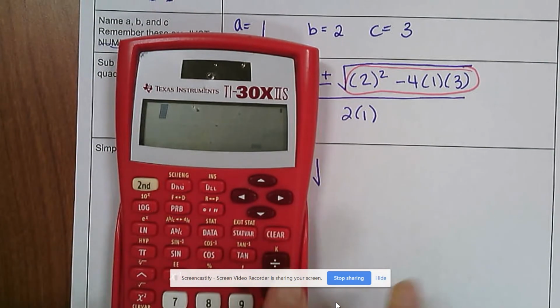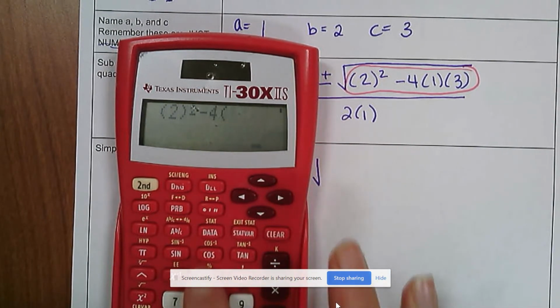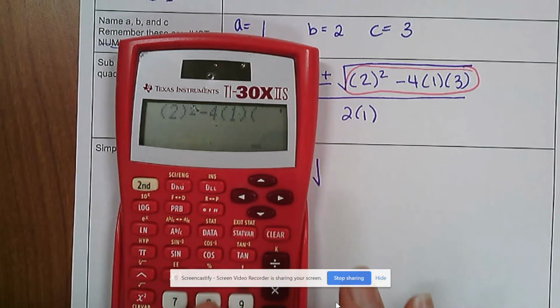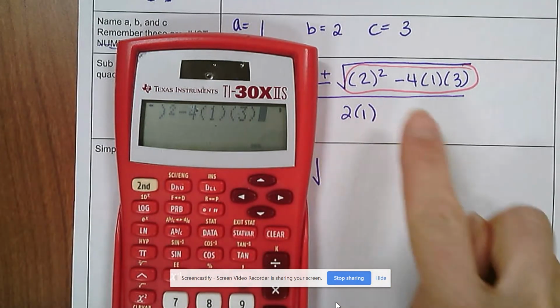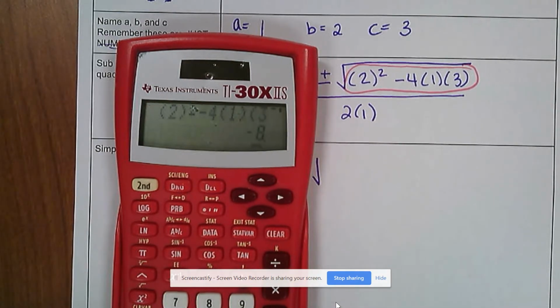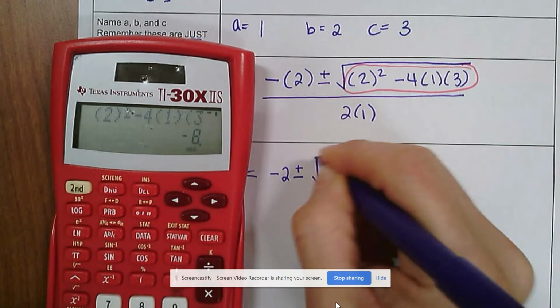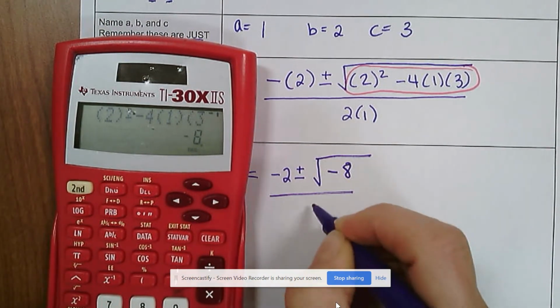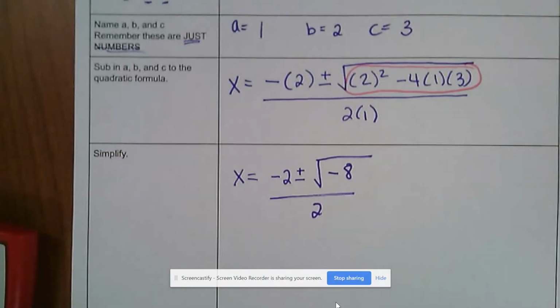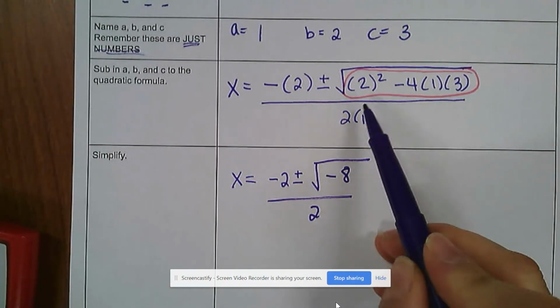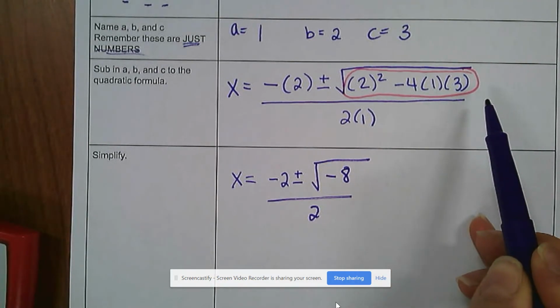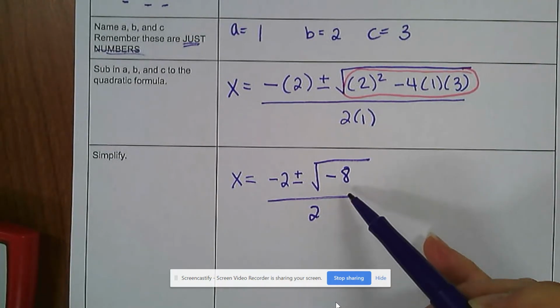I'm going to type in parentheses 2 squared minus 4 parentheses 1 parentheses 3. So it's exactly what's in my pink circle. And I'm going to hit enter, and I get -8. So I'm going to write -8 in the radical, and that's all over 2 times 1, so that's 2. Again, the way I got the -8 was I typed what's circled in pink in my calculator, and it gave me -8.